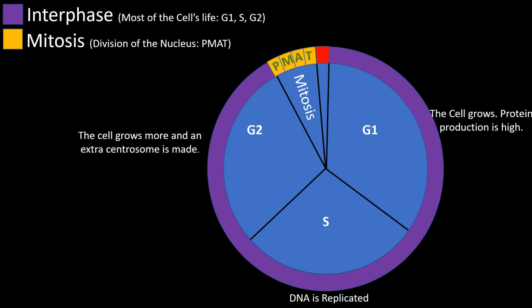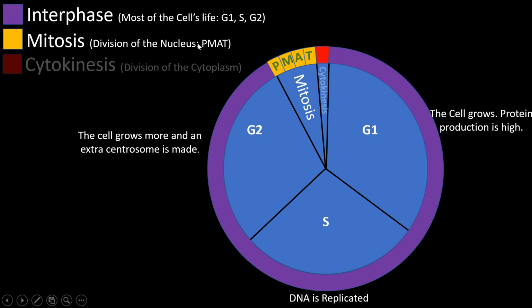In mitosis, there's 4 subparts: prophase, metaphase, anaphase, and telophase. All 4 of those stages together help divide the nucleus and the DNA that's in there. And then lastly, we have cytokinesis. Cytokinesis is division of the cytoplasm, or everything else that's in the cell.